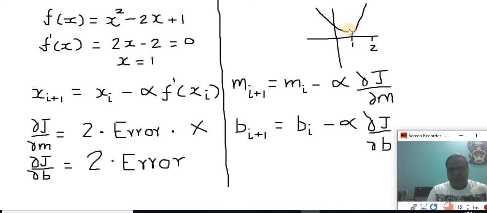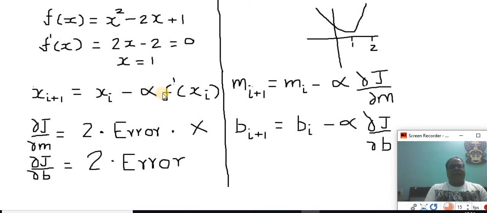Once it becomes minimum, then it increases. When you write the program as well, you can see it becomes minimum and then increases. So for that, this is the equation we use: x of i plus 1 is equal to x i minus alpha into f dash x i.